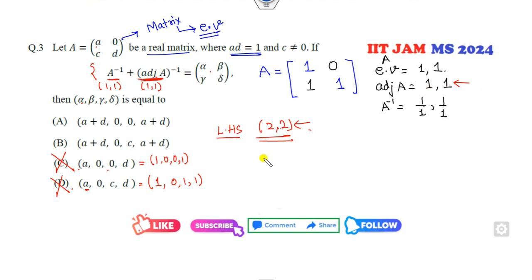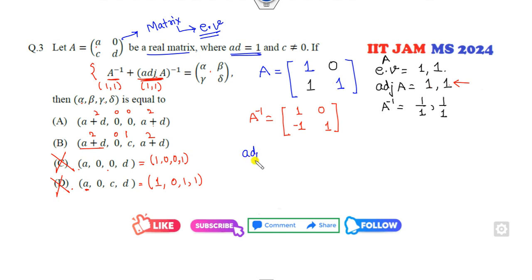Look at the third option. This is 2, this is 0, this is 1, this is 2. The eigenvalues are 2, 2. And look at this one, 2, 0, 0, 2. Again, the eigenvalues are 2 and 2. Now, out of A and B, how can you evaluate them? Again, very simple, because you have two options. What is A inverse? I can easily see this is 1, 1, 0, -1. Determinant is 1.